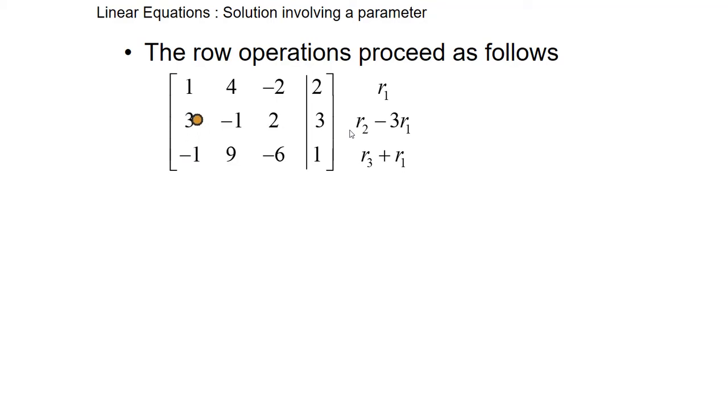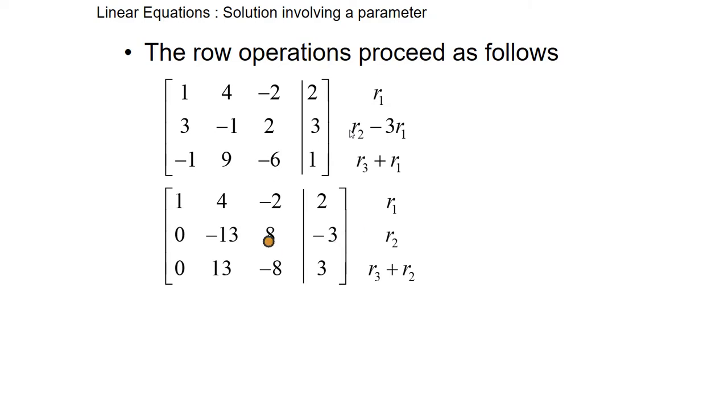And we can get a 0 here by taking row 2 and subtracting 3 row 1. We can get a 0 here by taking our row 3 and adding row 1. So the first row remains unchanged. We have 3 minus 3 times 1.